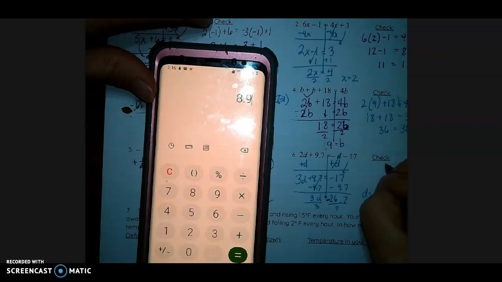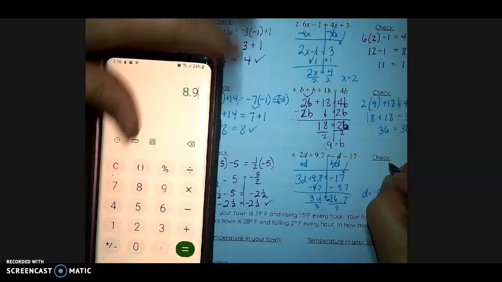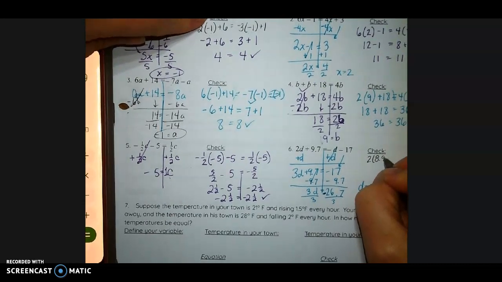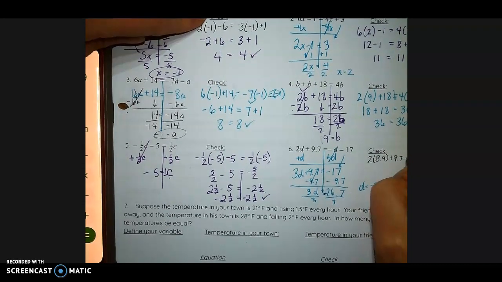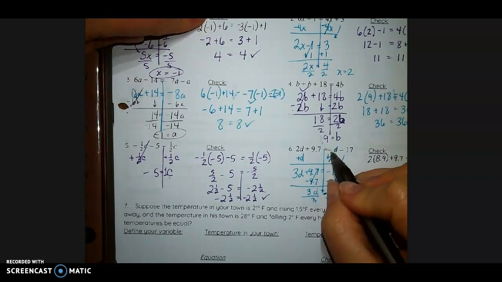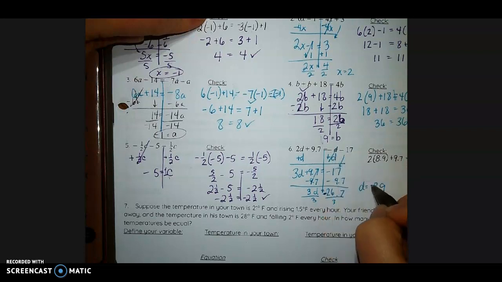If I plug that back in, remember that? If that's there, it's wanting the opposite of what it was.